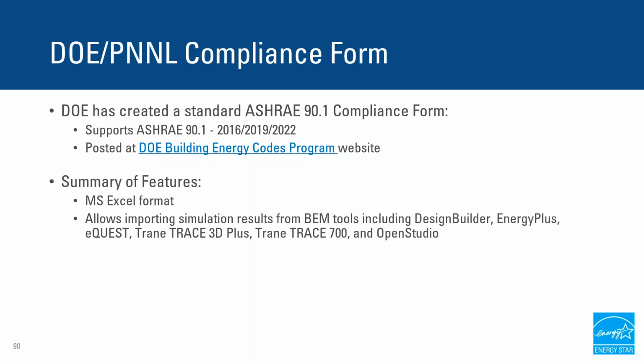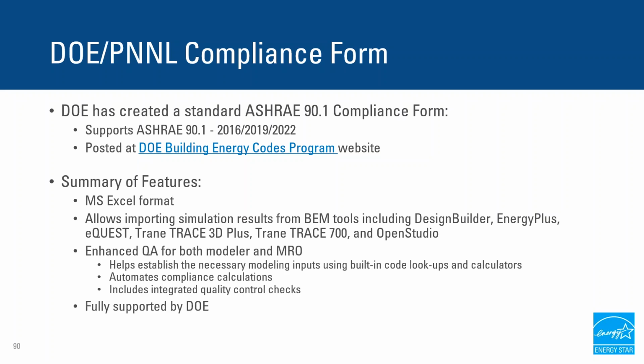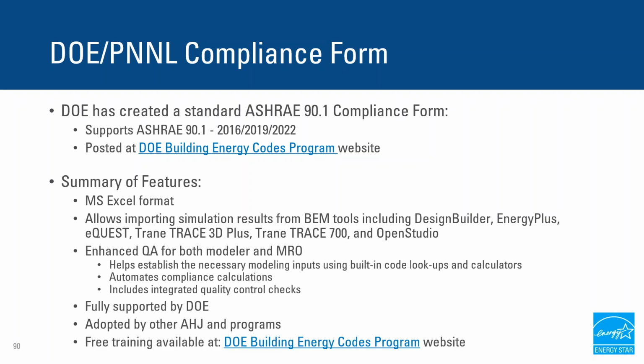And this is great because it's an Excel format that can actually import from multiple simulation tools. It has enhanced QA for the modeler and the MRO. It's fully supported by DOE. It's been adopted by some other codes and locations, and has free training associated with it from DOE.